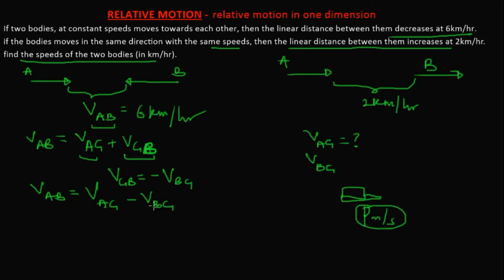But note that B is moving in the opposite direction. So since VBG moves in the opposite direction, it becomes negative.